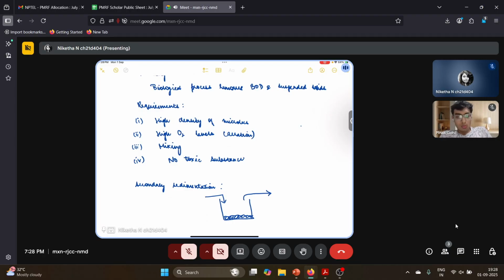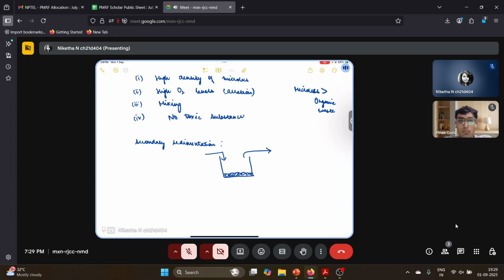Once all the organic waste is completely eaten, they will start eating themselves, because their population is high compared to the organic waste. In this condition, the microbes start eating themselves and they all die. So the sludge is mostly just dead bacterial cells.